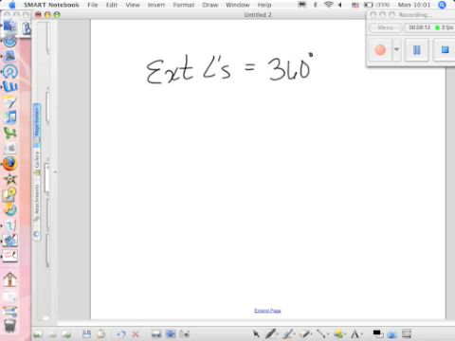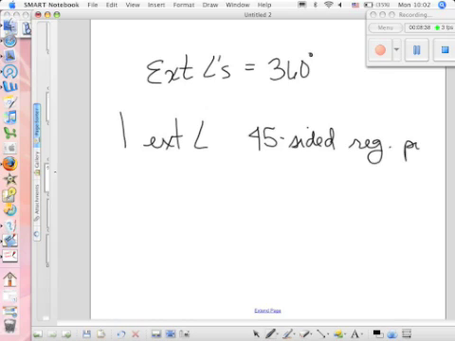So if I said find one exterior angle on a 45-sided regular polygon, what would you do? Be like 45 divided by 360.